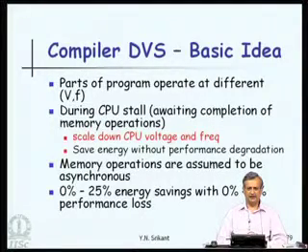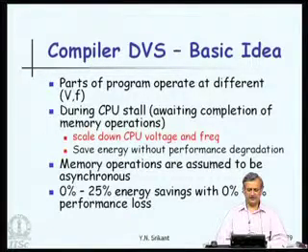So, inside the compiler, how do we incorporate a dynamic voltage scaling technique? The basic idea is to make different parts of a program operate at different voltage frequency pairs. During a CPU stall, that is when memory operations are happening and the result of the memory operation is required for the next instruction to execute, the CPU is doing nothing.